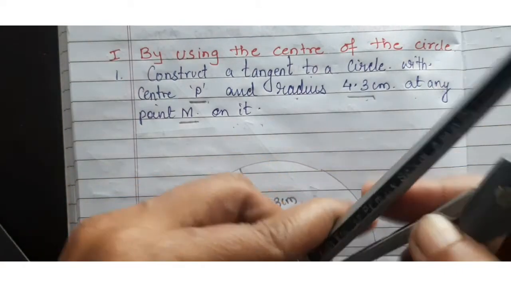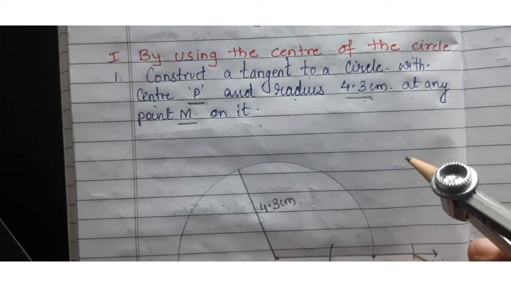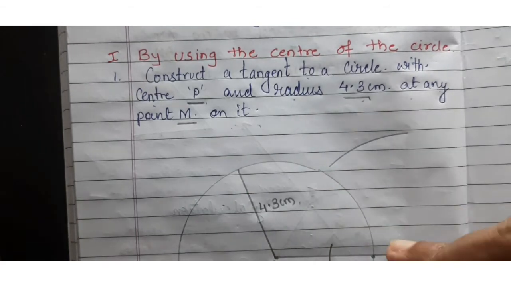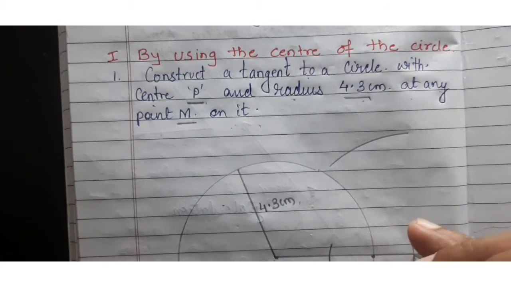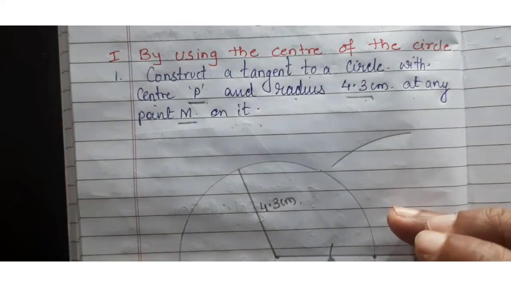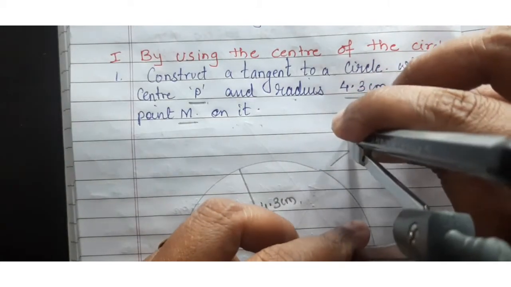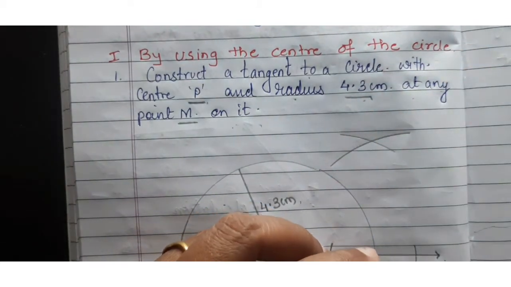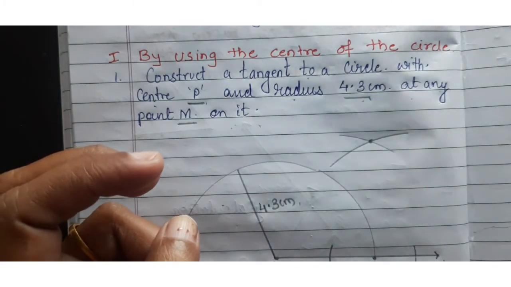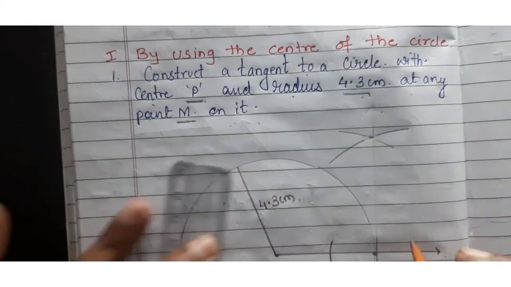Now I'll be extending the measure of the arc, and wherever the arc is intersecting, I'll keep the pointer of compass there and give arcs on either side of ray PM. Then I'll be keeping the pointer on the other arc which is intersecting ray PM and intersecting the previously drawn arc. So I'll be getting 2 points over there. Those 2 points I'll be joining.